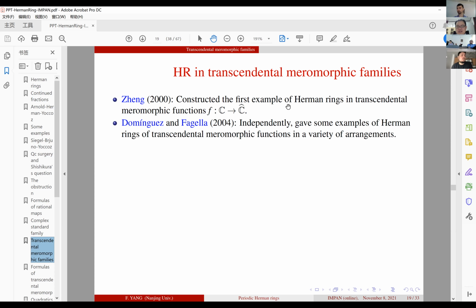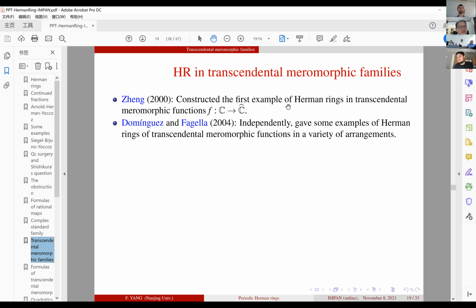I wanted to ask if you thought about the case where the function is meromorphic in C star. So both 0 and infinity are essential singularities, but you allow for some number of poles. Do you know whether in this case you still have this type of restriction, whether Herman rings need to be separating the 2 essential singularities, or they can be anywhere, or what the period can be?